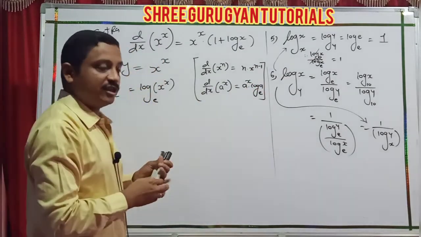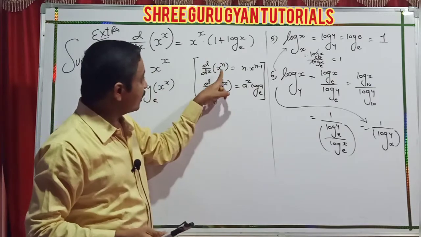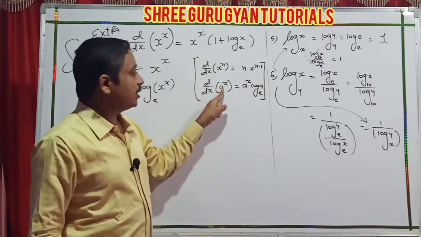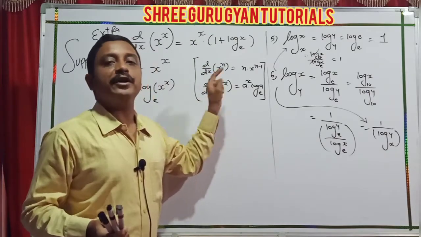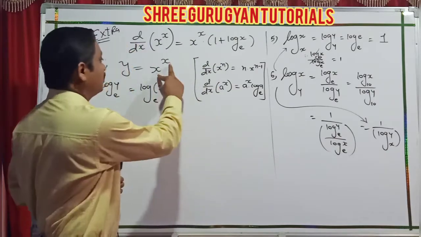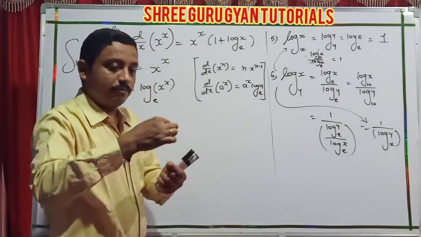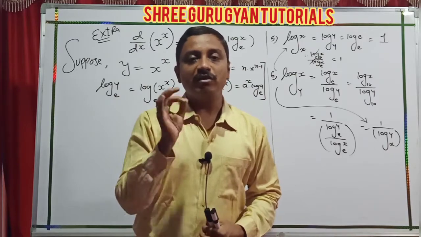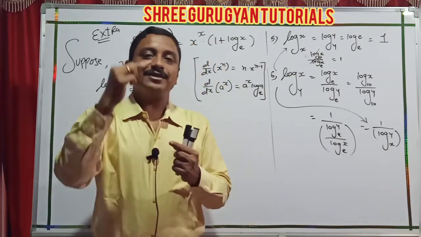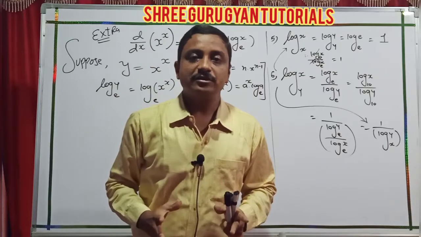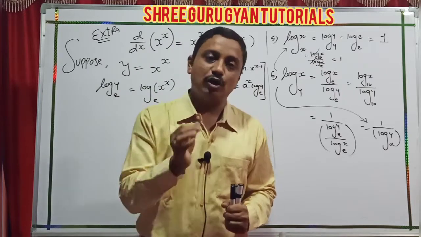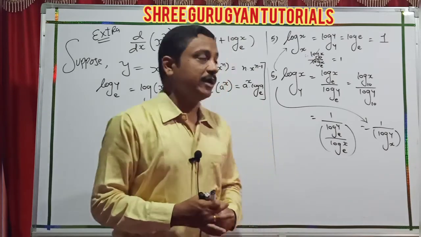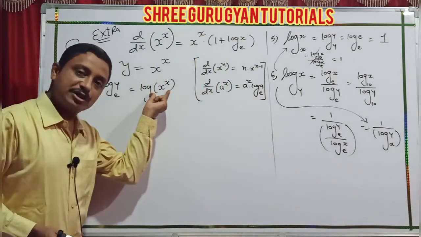Students, what is the difference in these two and here? Look here, the base is variable, the power is constant. Here the base is constant, the power is variable. But here both base and power are variable. So students, whenever base and power are both variable, you must utilize logarithm functions in the derivative. So here base and power are variable, students.